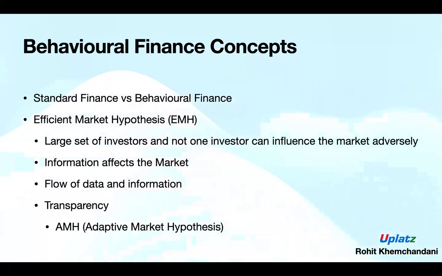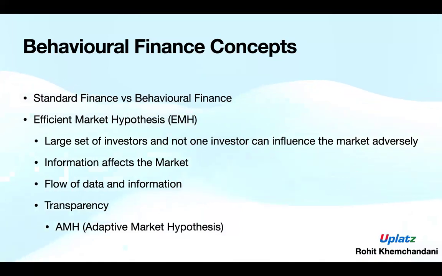It has already assumed a few things, so everything is already incorporated. The price is very fair. All the information has played its role. There are a large number of investors, and no single investor can influence the market unduly.